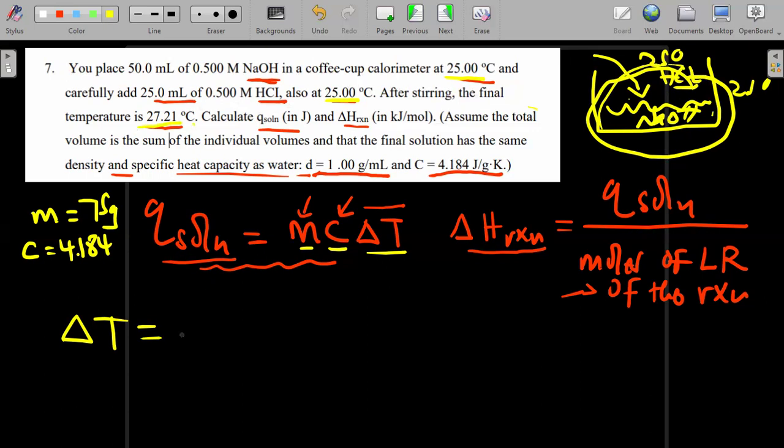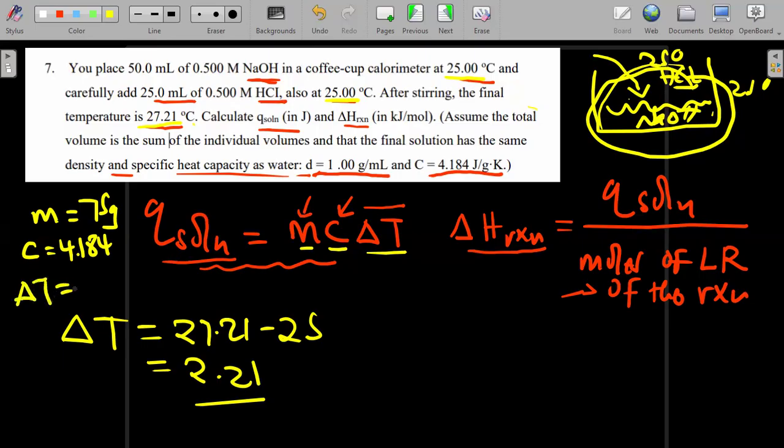That means 27.21 is the final temperature. So the change in temperature is 27.21 minus 25. When I subtract this, I get 2.21 as my change in temperature. So my change in temperature is just 2.21.